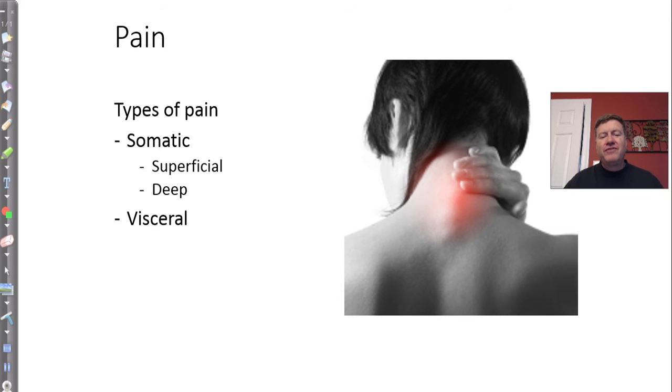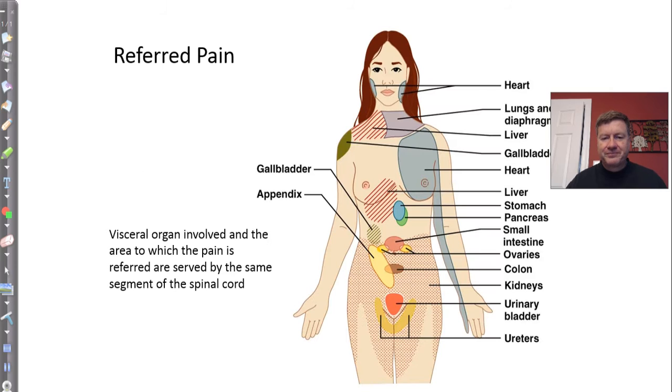Visceral pain is once again a more diffuse pain, but we associate visceral pain with pain in our abdomen and thorax. It's more of an internal organ pain, and because it's internal, it's hard to say exactly where something hurts, more of a broad area.